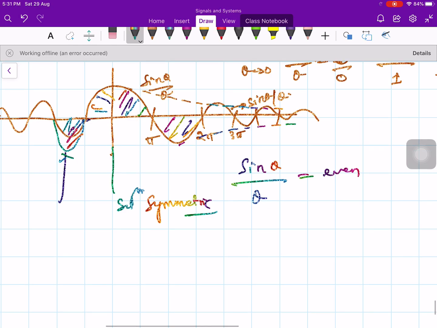When theta equals 0, it is 1. Again it becomes 0 at theta equal to pi, 2 pi, 3 pi, and so on. That's what I marked here: this is pi, this is 2 pi, this is 3 pi, this is 4 pi, this is 5 pi, and so on.